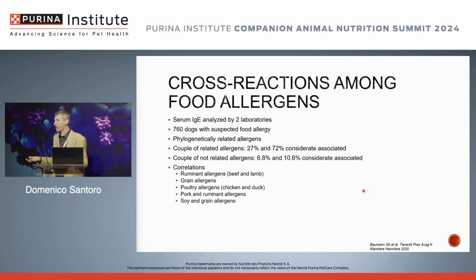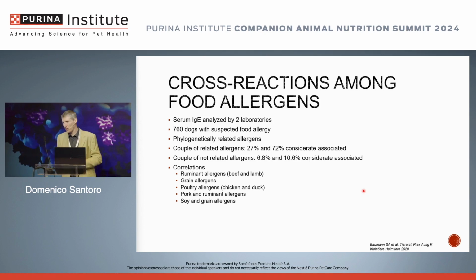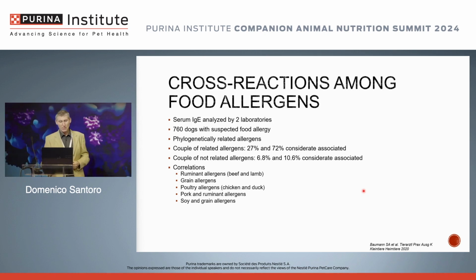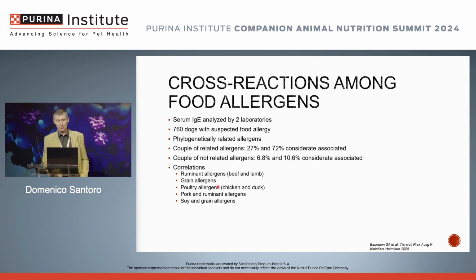So when people consider a grain-free diet and the dog does better, maybe it's not because of the grain, but maybe because the dog is allergic to soy and you are not having soy exposure. Also, poultry allergens cross-react with each other, chicken and duck for example. The more closely related they are, the more likely they are to react to each other.